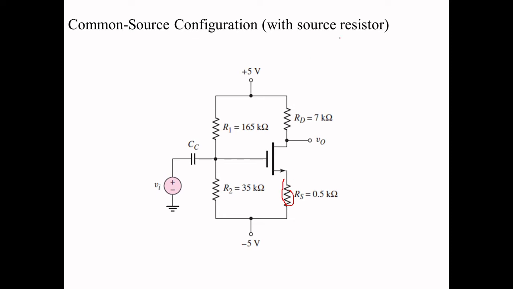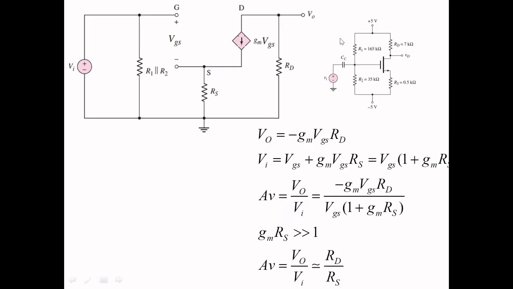So when you draw with the source resistor, I will explain it very simply. First draw the center part, then you draw the gate, then you draw the drain. So this is your source.